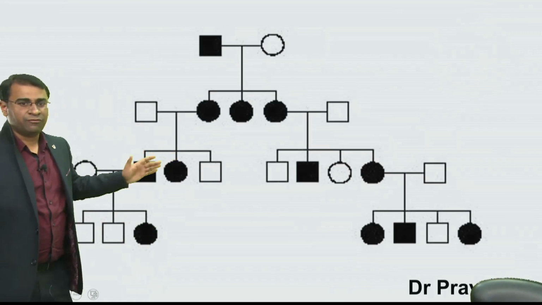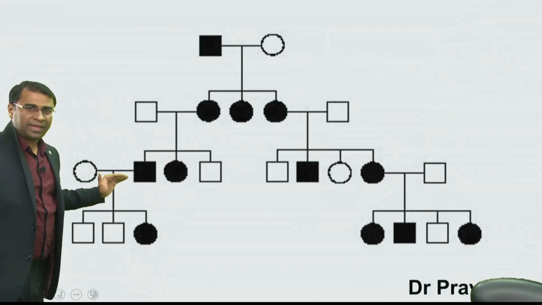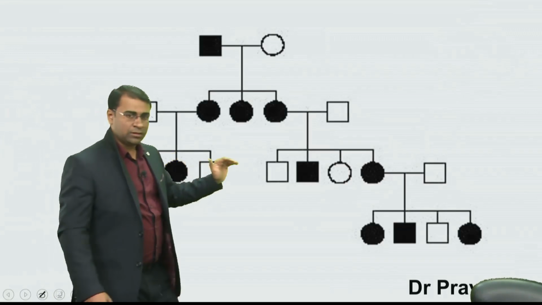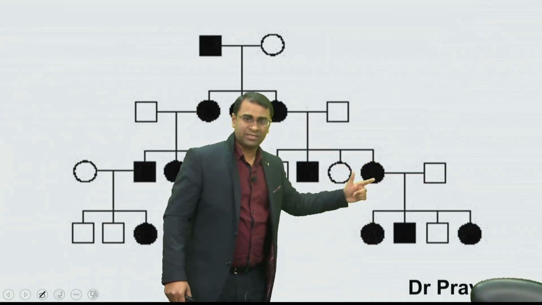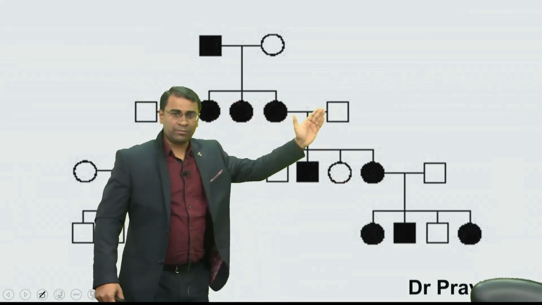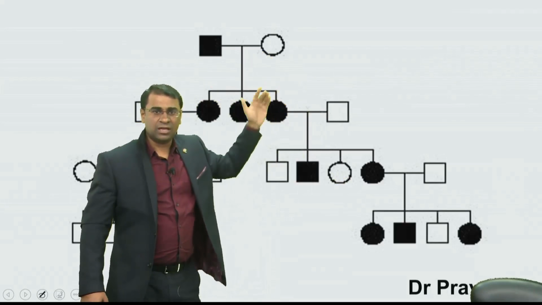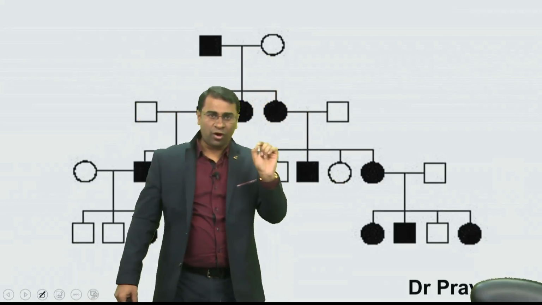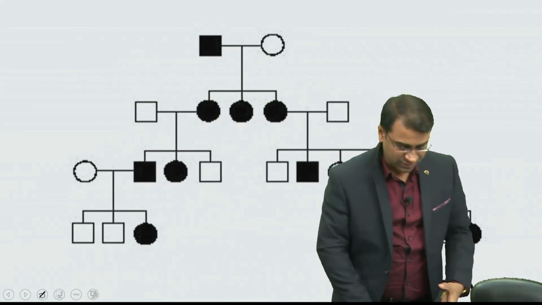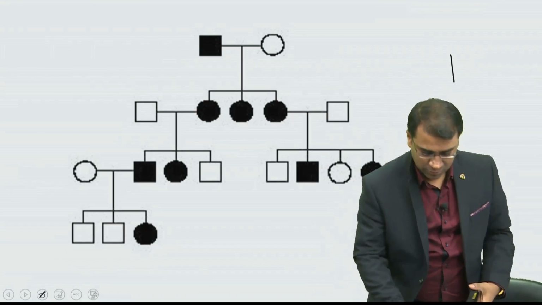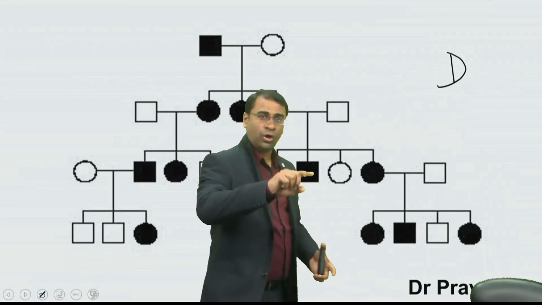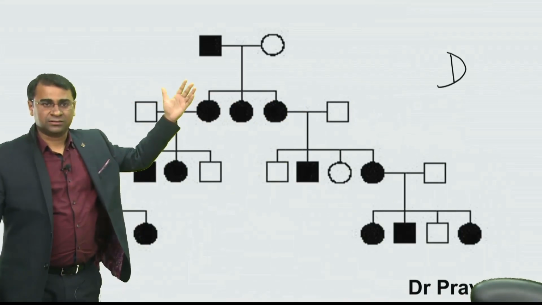Try here. First rule: either parent diseased? Yes. In every generation, one of the parents is diseased. What is it? It is dominant. Now look for males.